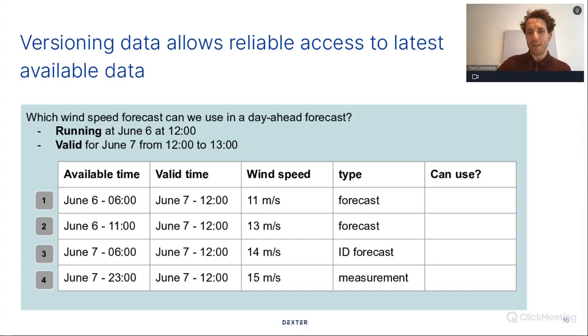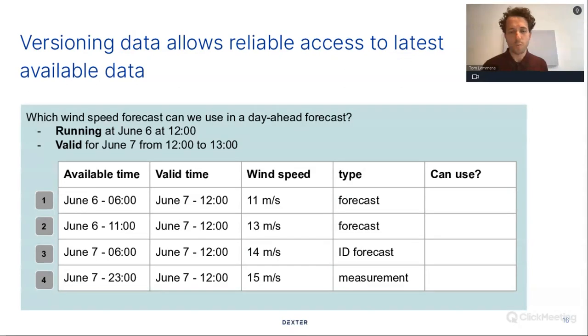Now, the big question is, which of these wind speed forecasts could we have used in a day ahead forecast? That's a question you can all answer in this interactive survey I will publish in a second, but first I'll walk you through it. It's a day ahead forecast running at noon, June 6th, which is valid for the day after, June 7th, from 12 to 1.